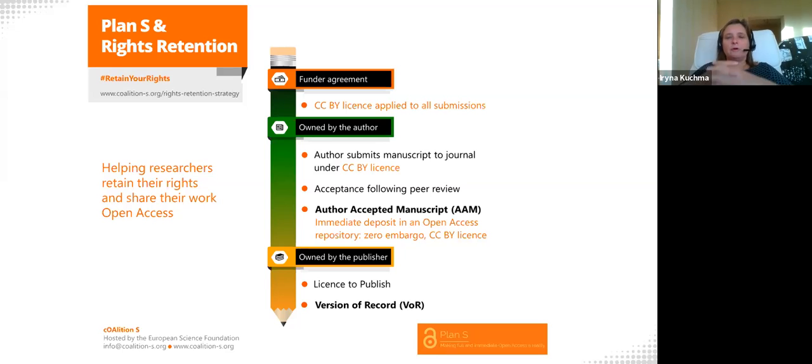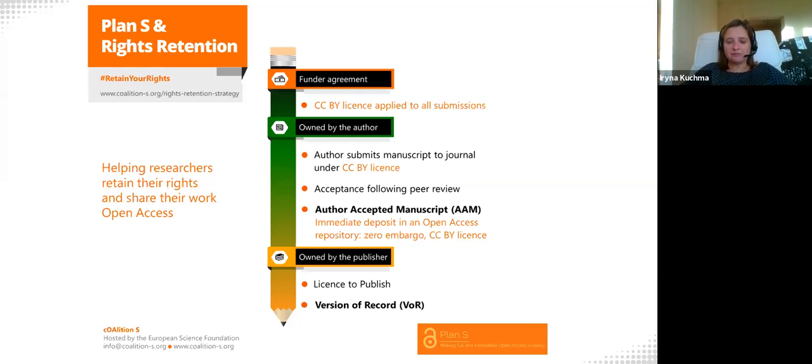There was a call to publishers to sign up for this rights retention strategy, and the deadline was in October. So we should hear in the coming weeks how many publishers confirmed that they will be compliant with this call.